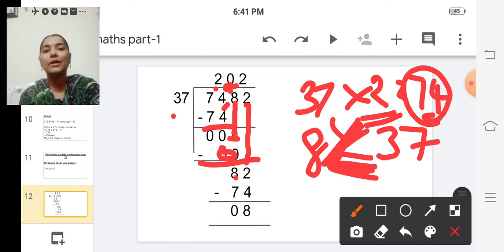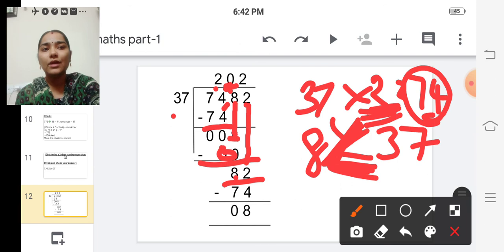In the next step we are going to bring down this 2 ones here. So the number becomes 82, isn't it? So 37 twos are 74, 37 threes are more than 82, so we cannot take that. So let's take 37 twos, 74.